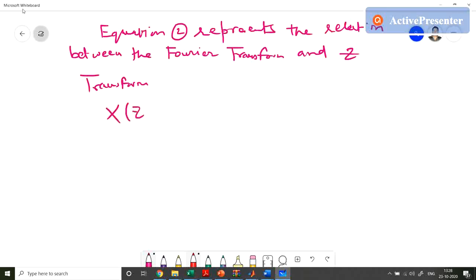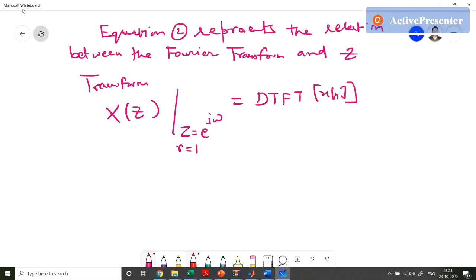So X(z), that is the Z transform, when we have z equals e raised to the power j omega, here r equals 1, what will we get? We will get the discrete time Fourier transform of x[n].